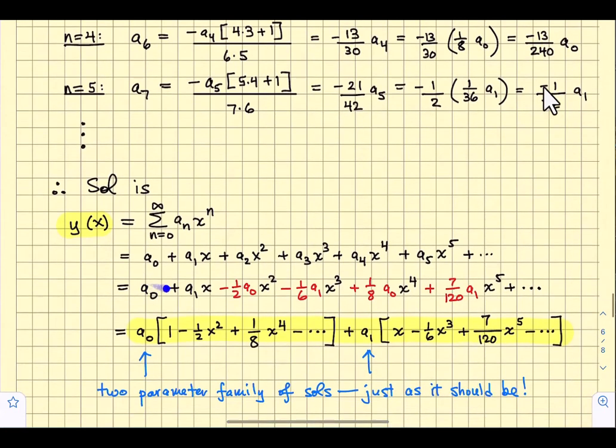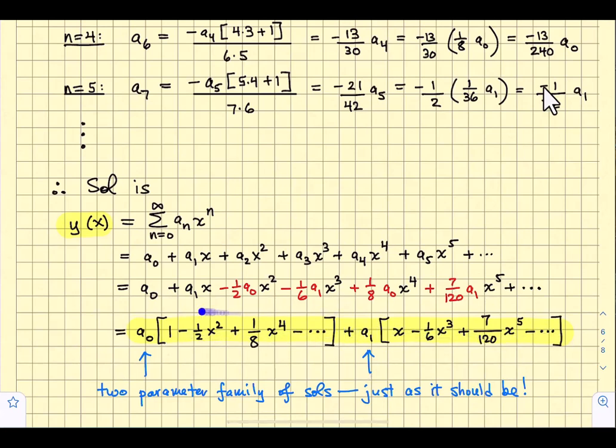And now if you stare at this, this is a 2-parameter family of solutions. This is exactly how the story should have ended in a second-order equation. So let's segregate this into all the terms that have a common A0 and factor it out. This is what you get. And all the terms that have a common A1, let's factor it out, and this is what you get. This is now a 2-parameter family of solutions.